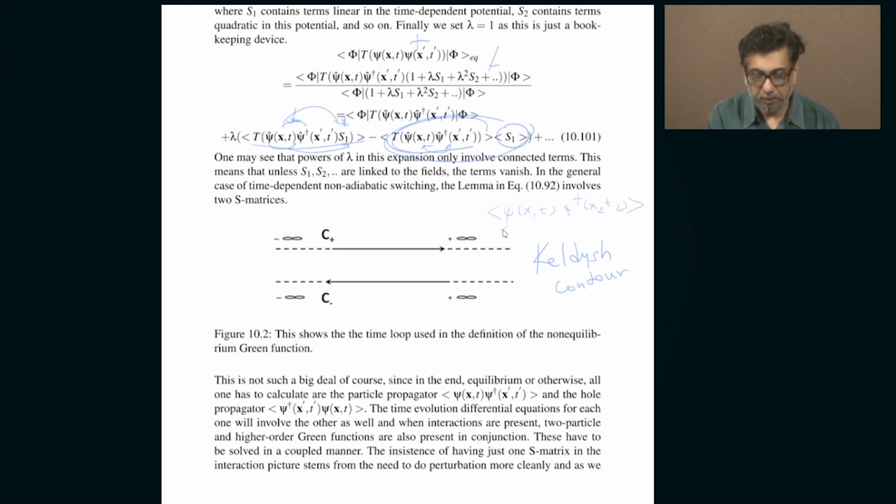So, this corresponds to a particle Green's function, this would correspond to a hole Green's function. The only difference is that this bracket has different meanings depending upon the situation. If the system is truly isolated, this bracket obviously means expectation value with respect to ground state.